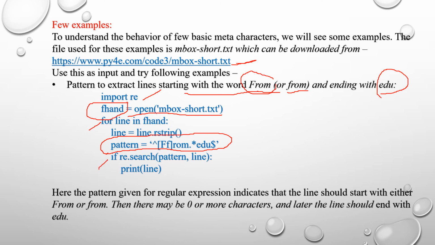Here I am declaring one condition: if re.search(pattern, line), then I am going to print the line. The pattern given for the regular expression indicates that the line should start with From, where F is uppercase or lowercase, then there may be zero or more characters, and later the line should end with edu.